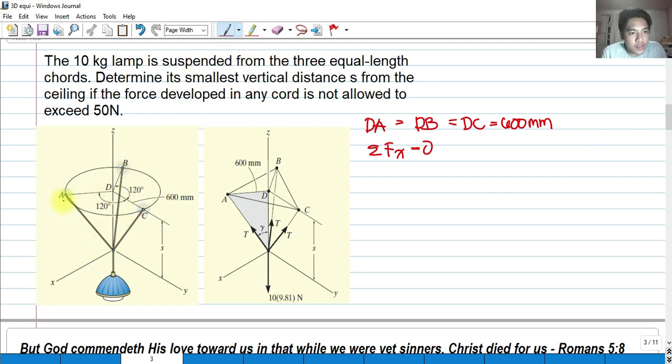Because if we analyze this point A, if we project this, that would be the positive Z, and this would be the X. So you have an X component for A, and you have tension A, and you have a Z component for this tension, with the origin as a point of reference. So tension A has an X component and a Z component.